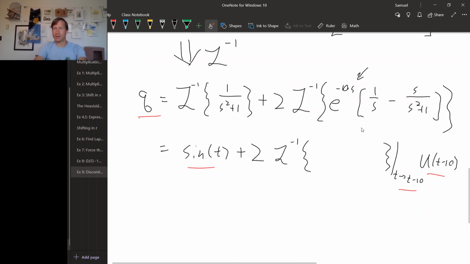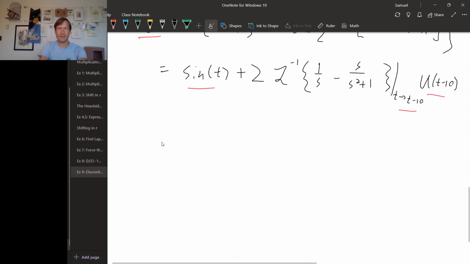Okay, but the remaining part to take the inverse transform of is 1 over s minus s over s squared plus 1. So this is sine of t plus 2 times, so the inverse transform of 1 over s is 1, minus the inverse transform of s over s squared plus 1, which is cosine t.